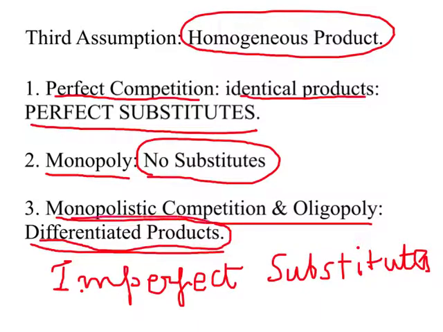And once again, when you're looking at differentiated products, different sellers are selling imperfect substitutes of one another. For example, Honda Accord is similar to Toyota Camry, but not exactly the same, particularly in the eyes of the consumer. So this is what may happen if we violate the third assumption.